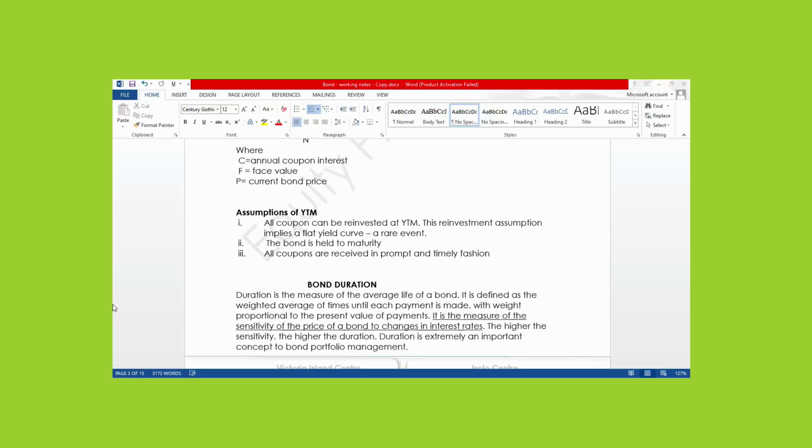It measures the extent to which bond value or bond price is sensitive to changes in interest rates. You can call it price. Your price is your value.